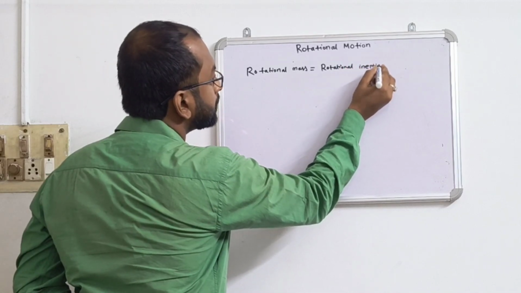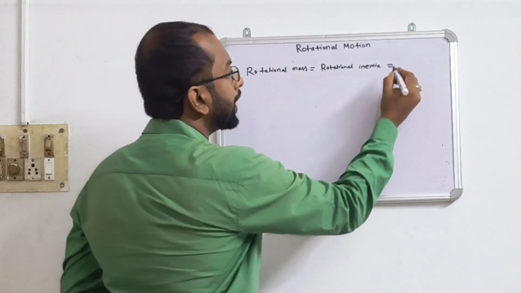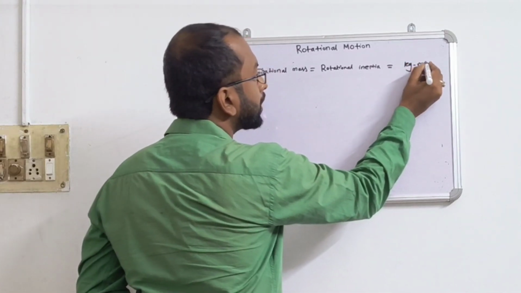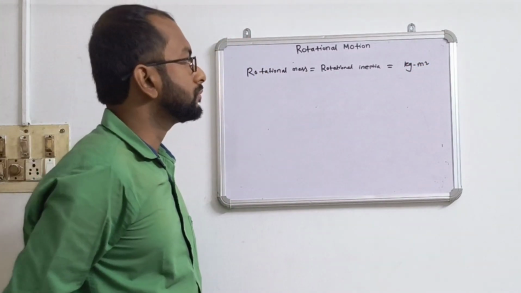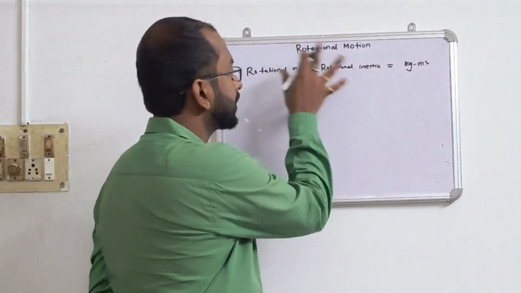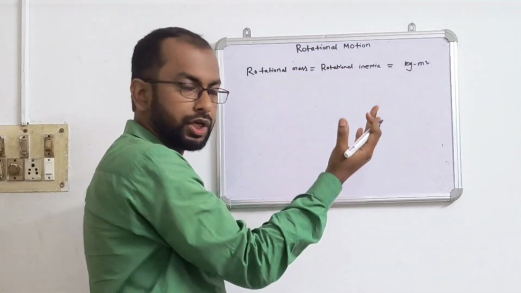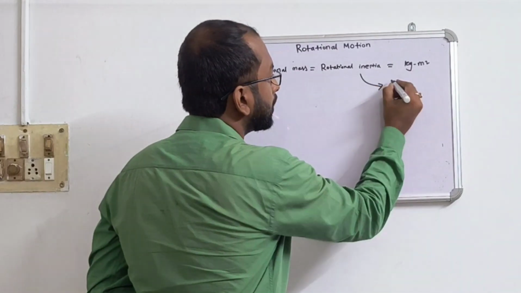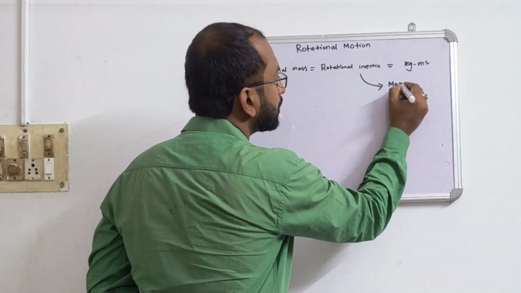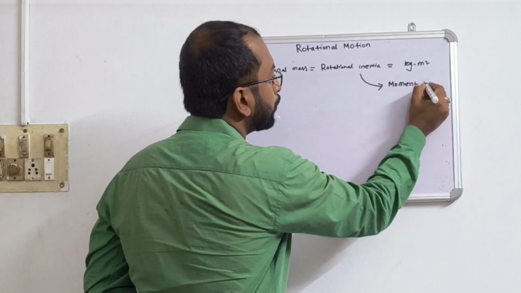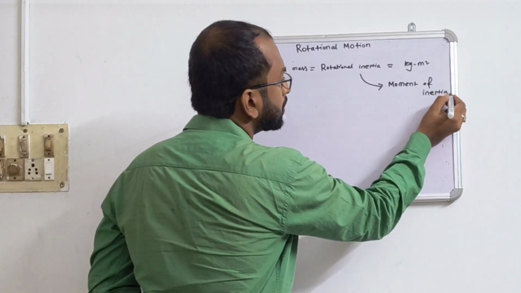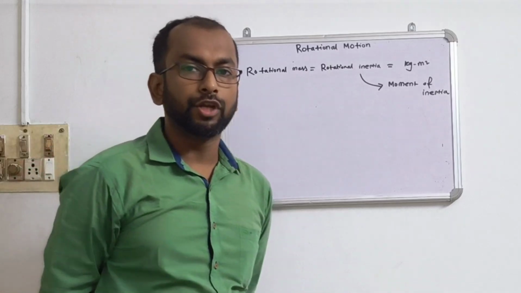Inertia we can take. That is not only the kg, but the unit is kg into meter square. This rotational property, or rotational inertia of a rotating body, is also called moment of inertia. So we are going to discuss this moment of inertia in this lecture.